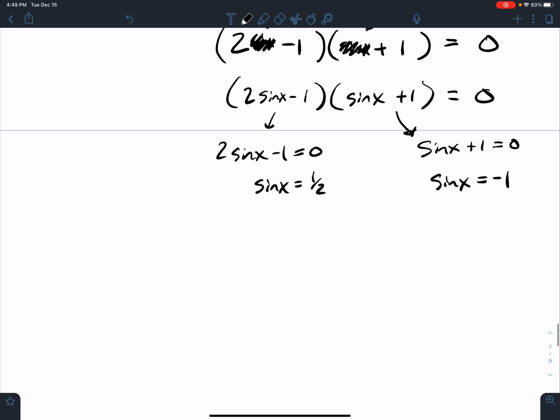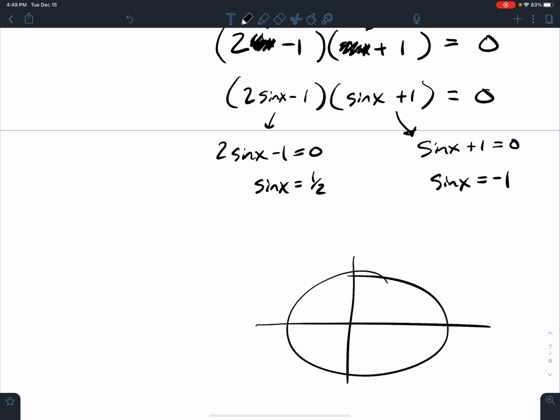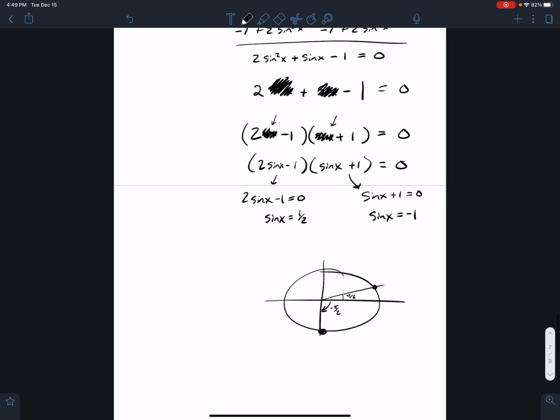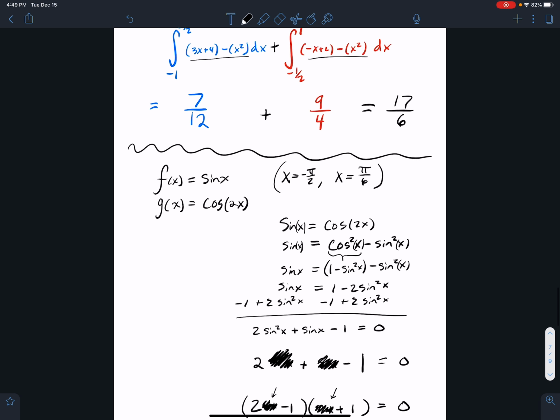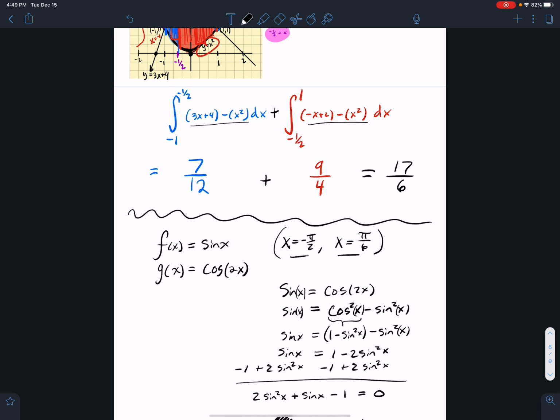Now, when I think about a unit circle, sine x equals 1/2 when I'm at an angle of pi over 6. It equals -1 whenever I'm at an angle of negative pi over 2. So that's where these values come into play here.